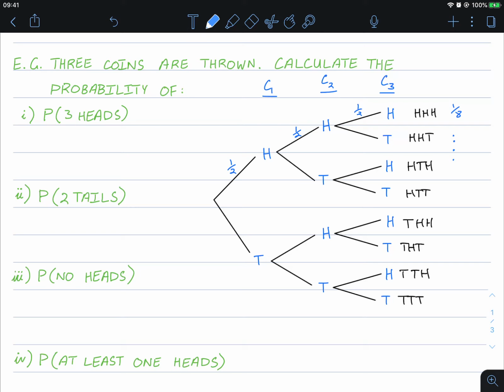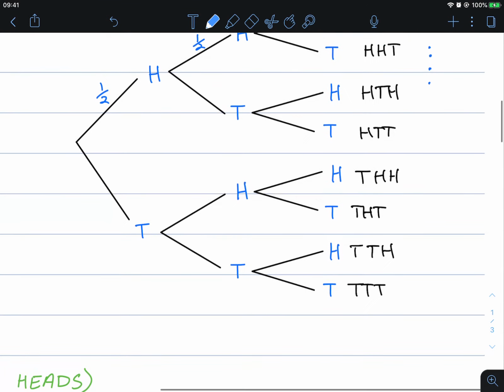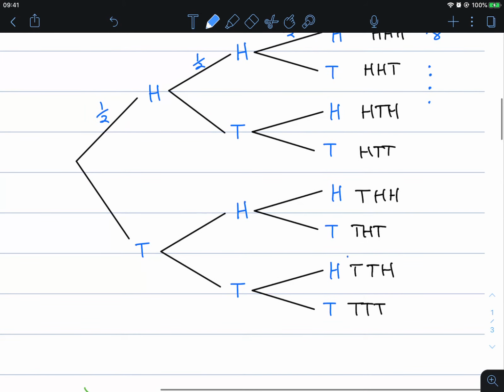So everything here will have a 1 in 8 chance of occurring. But now the difficulty comes in interpreting this question itself. So the probability of 3 heads, that's the probability of heads, heads, heads, which is 1 in 8. The probability of 2 tails, let's count out the ones that have exactly 2 tails. That's 1 in 8.